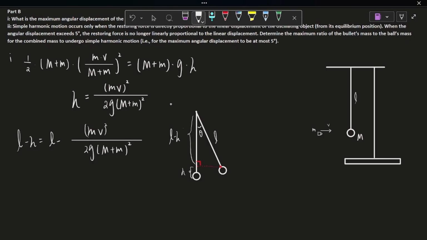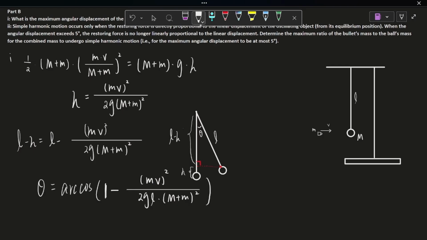So now that we know L minus h, we can write theta, which is the angular displacement, is equal to arc cosine of this over this, L minus h over L, which is 1 minus m squared v squared over 2gL times (M plus m) squared. And that is the maximum angular displacement.